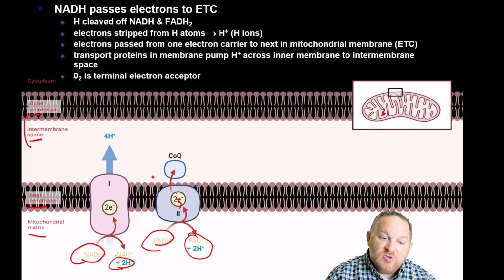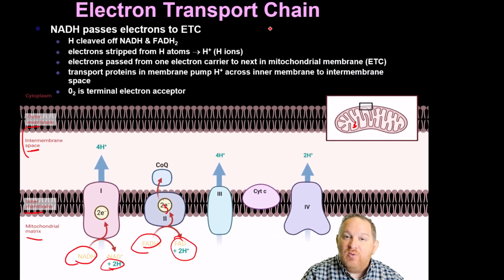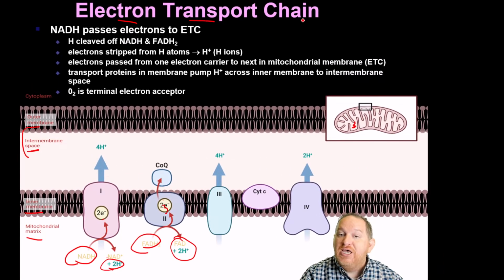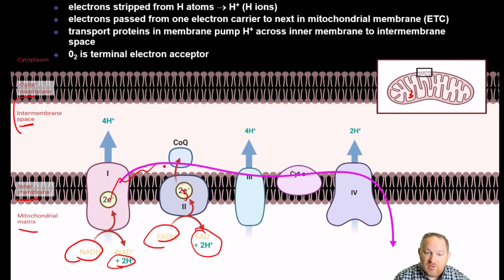Well, what are those electrons going to do now? Well, they need to go through the chain. That's why we call this an electron transport chain, because they're going to go through this chain of proteins, and as they go, they're going to start here, and then they're going to fire through here, all the way through that electron transport chain.